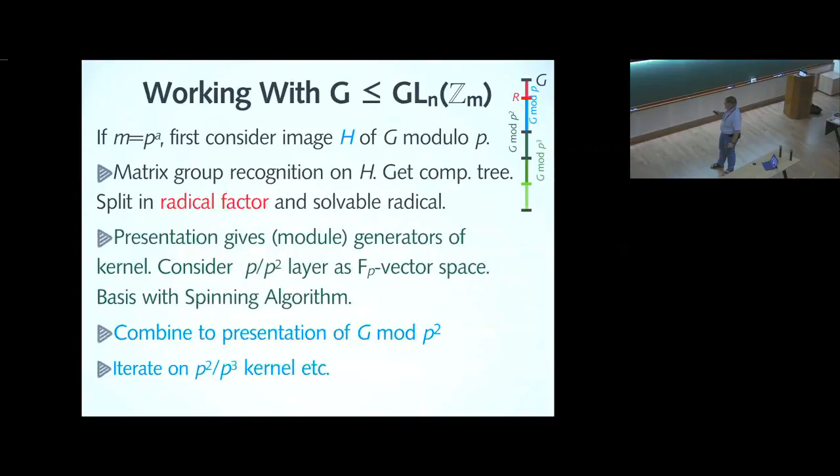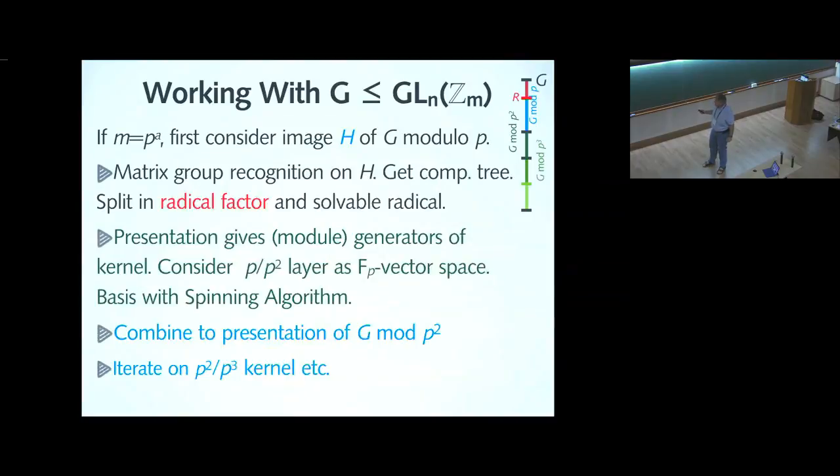I will describe the radical with what is called a polycyclic generating set. A presentation for the image gives generators for the kernel, and then I have these kernels which always essentially multiply by adding up these P residues, so I can consider the kernel as a vector space of matrices, and with vector spaces I can work easily.